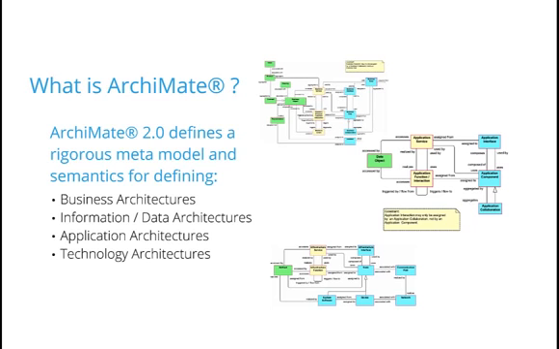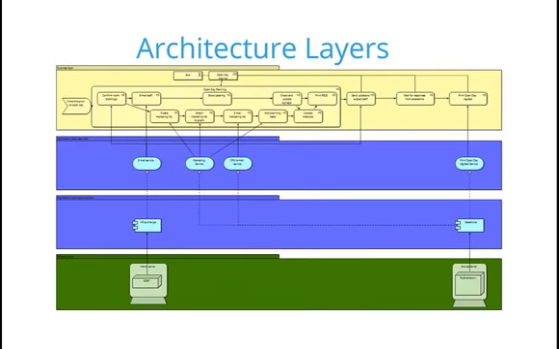So there is a more rigorous and more completely defined metamodel and semantics, especially their relationships, in ArchiMate as compared to TOGAF. We can also see that there's a strong concept of layering in ArchiMate, which allows us to create graphical views of the entire stack: business, information, data, application, technology, and infrastructure.